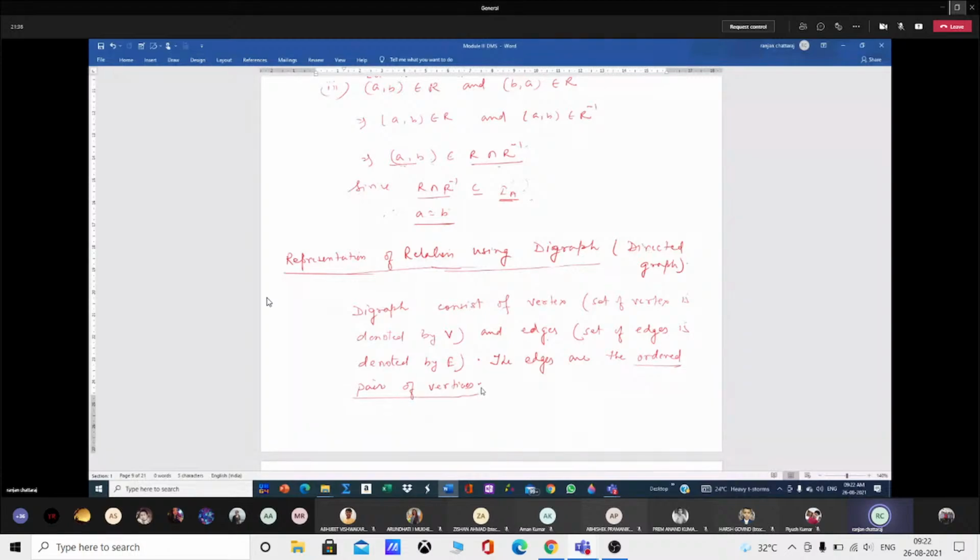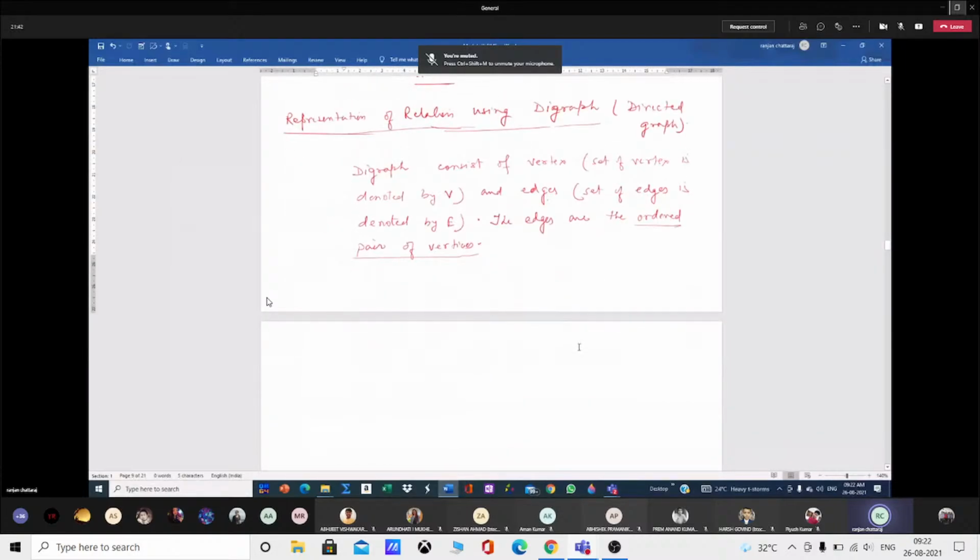Suppose we have points on the relation, say A1, A2, A3, A4.